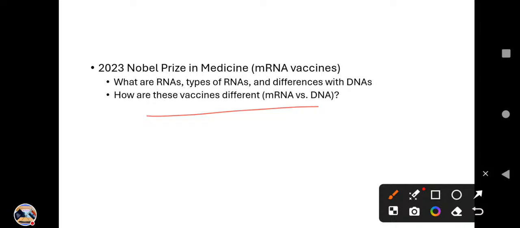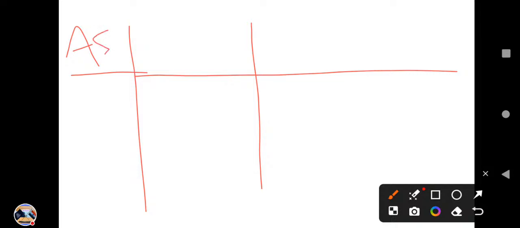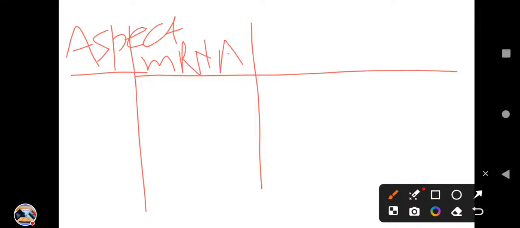And next is how these vaccines are different, meaning mRNA vaccine versus DNA vaccine. You can make three columns: in the first column write the aspect, in the second column mRNA vaccine, and in the third column DNA vaccine.